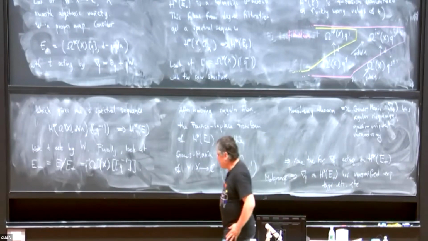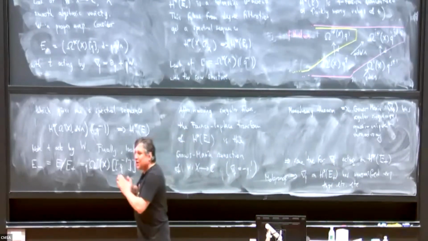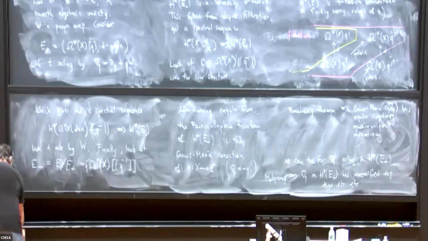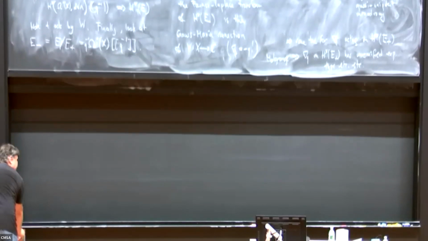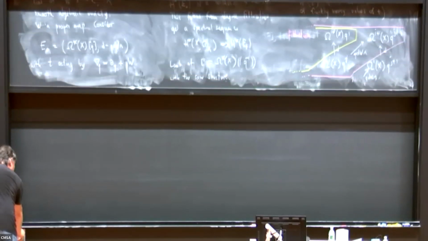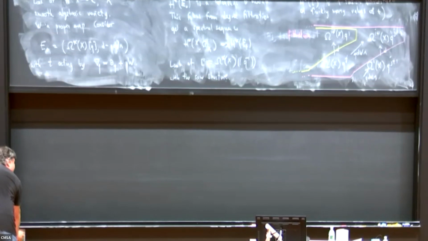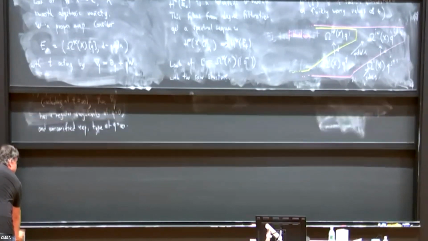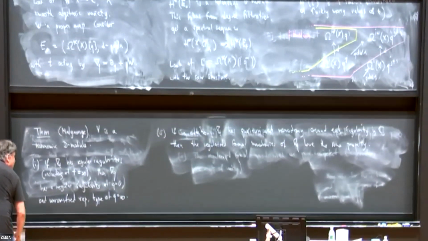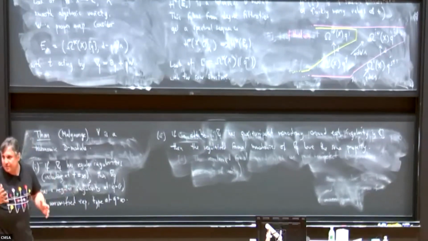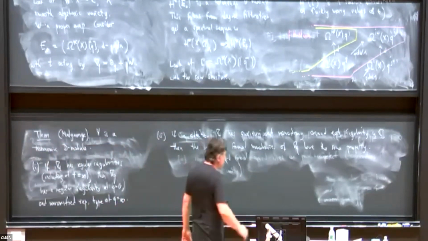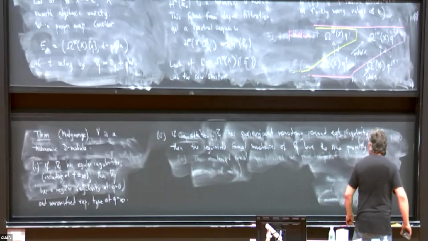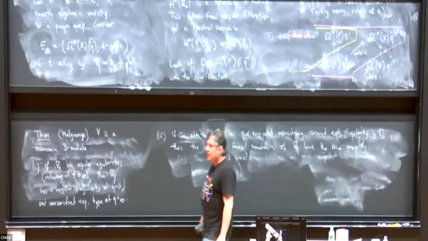Of course, now the fun starts, which is, how about in general? I start with a Fano variety. Maybe I can make some simplifying assumptions, but I want to dig into the structure of the quantum connection without proving mirror symmetry.